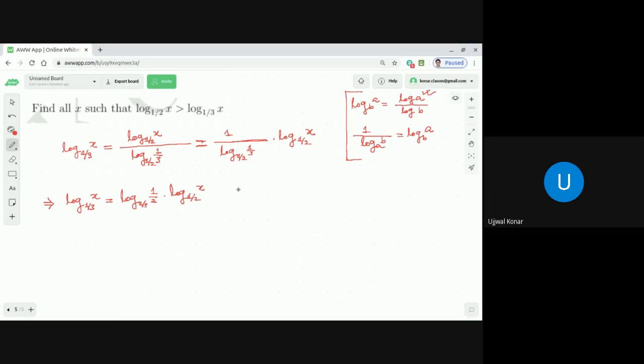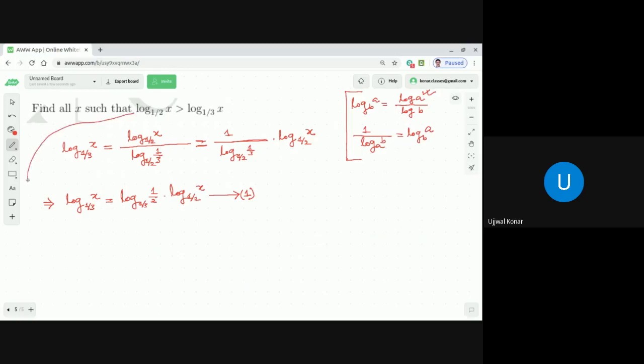Now we can apply this value here. So then what are we going to get?